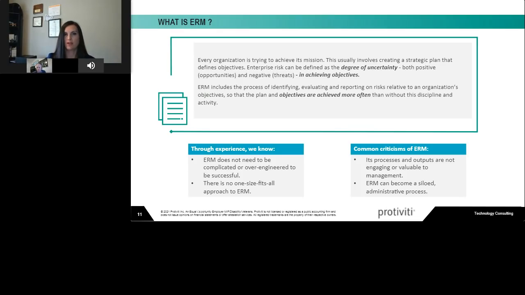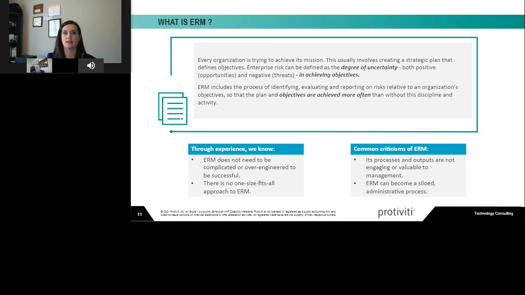Whereas in healthcare, although what I've seen and experienced is that it was highly regulated, enterprise risk management is not something that is required for them to do. So their enterprise risk management programs are kind of lower on the maturity scale. They're a little bit harder to implement because it's not something that has to be done.